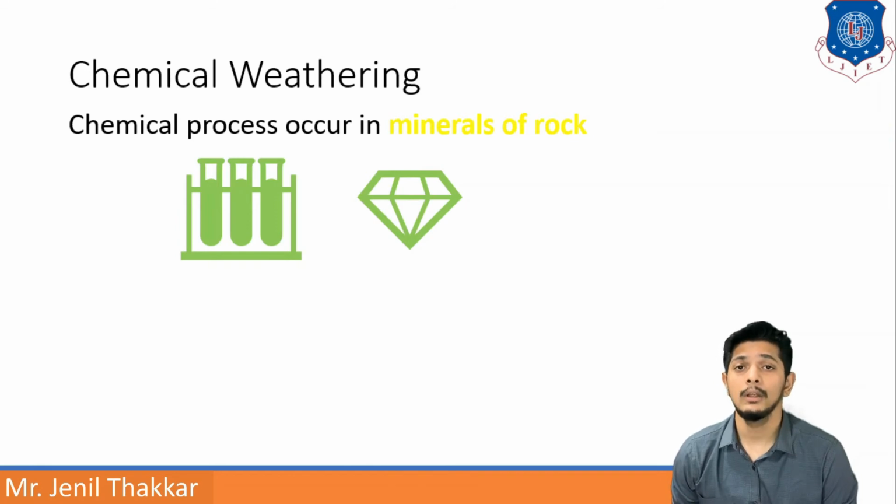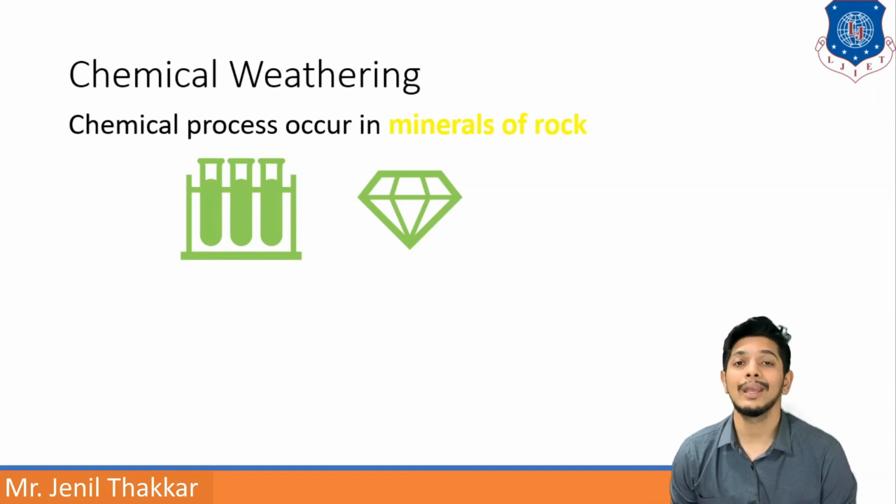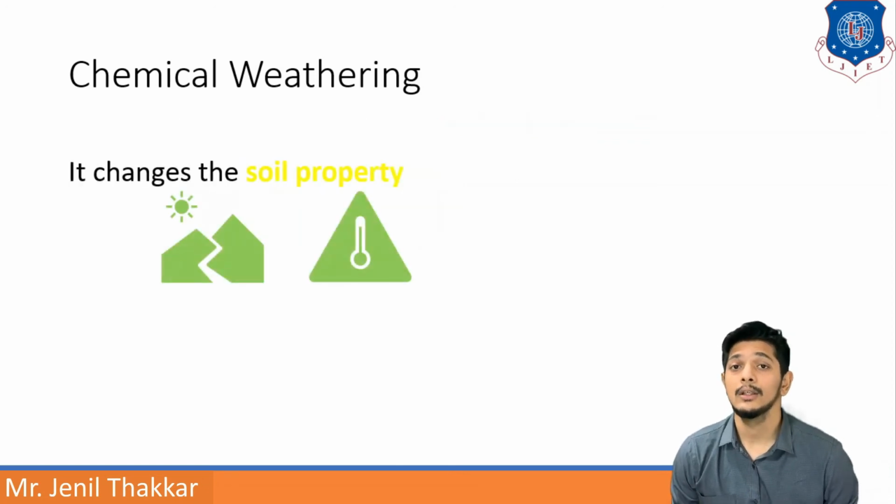For example, if there is a diamond or any type of rock, in the mineral structure of that, the chemical processes will take place by the time, and those chemical processes will lead to chemical weathering. Chemical weathering will get your soil property changed. That means that soil property will be changed during chemical weathering. After chemical weathering, soil properties will be changed.